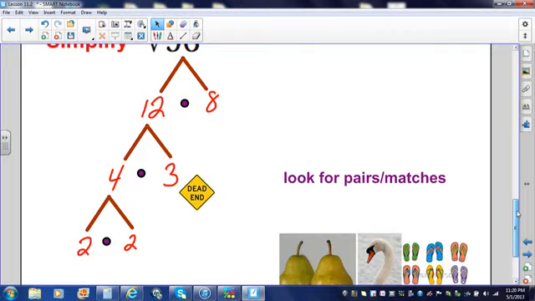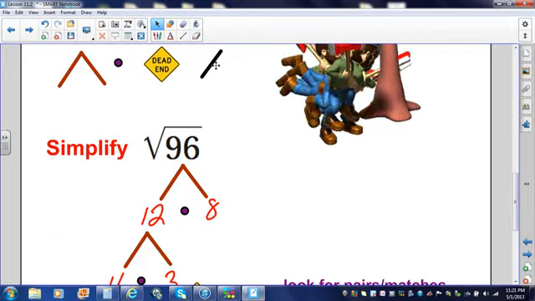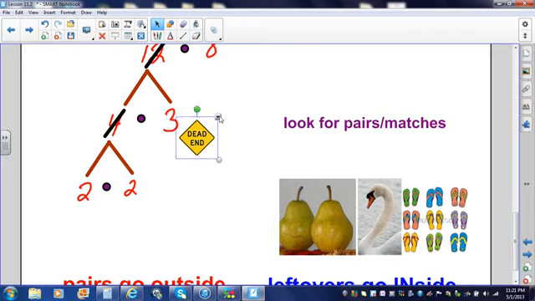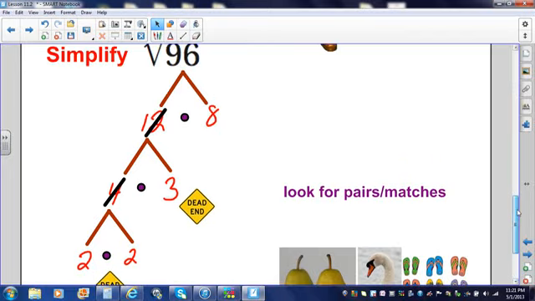Now, I rewrote 12 as 4 times 3, so I'm going to cross that out. I rewrote 4 as 2 times 2, so I'm going to cross that out. Now, these are dead end, but let's go back up to the 8. How can I make 8?